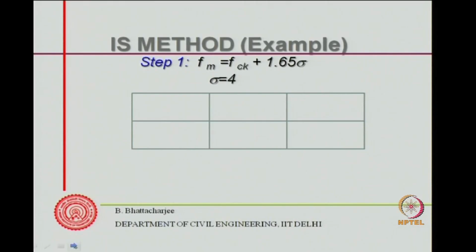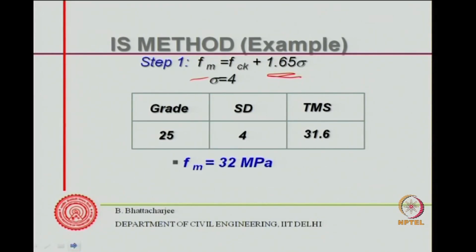So sigma is 4, and grade strength is 25 MPa. My target mean strength, calculated based on this formula, is 31.6. So, I choose a mean strength of 32 MPa and design the concrete.